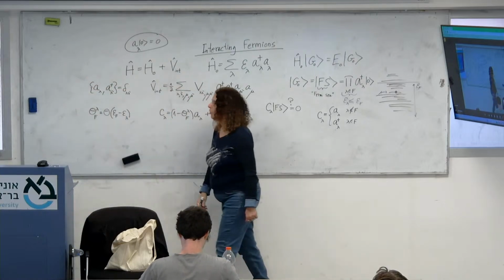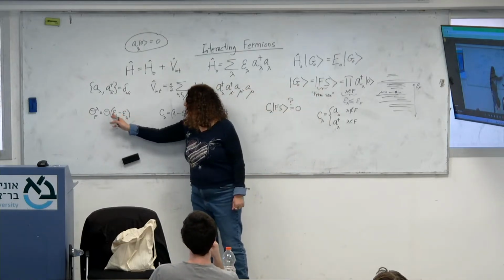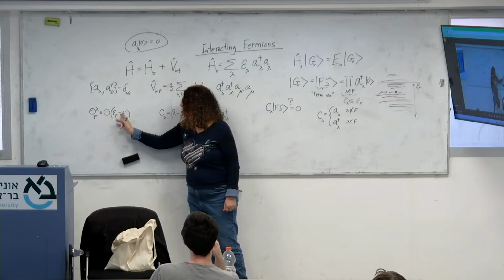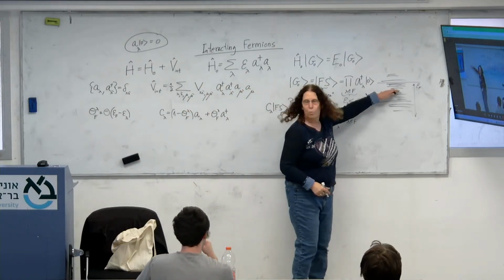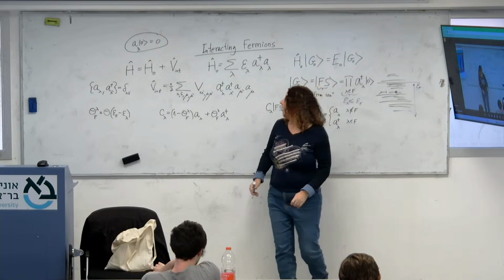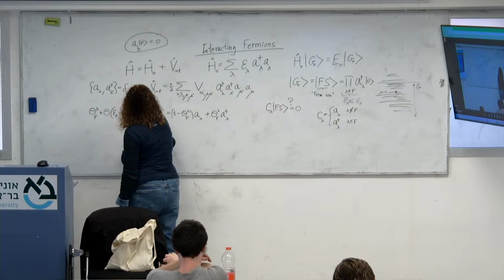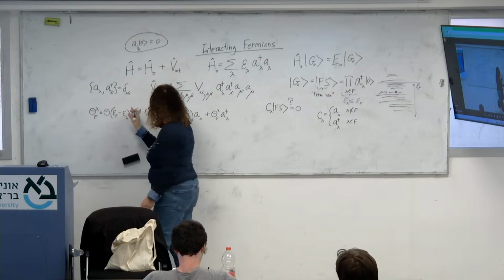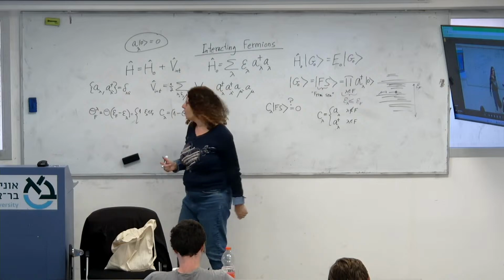This is its definition. In other words, it's actually the occupation. So if epsilon lambda is below the Fermi energy, it's 1. This is just reminding: 1 if epsilon is smaller than EF. And of course, when it's exactly equal to epsilon Fermi, you have to make a decision because it's a discontinuous function.